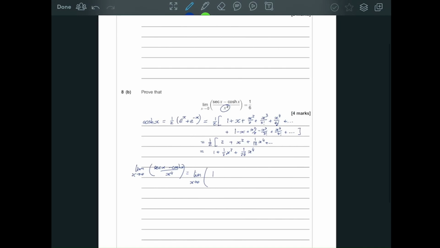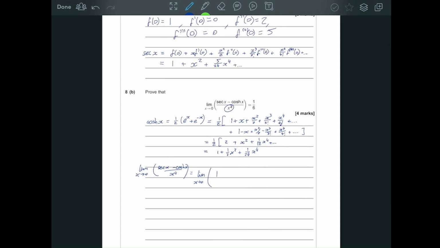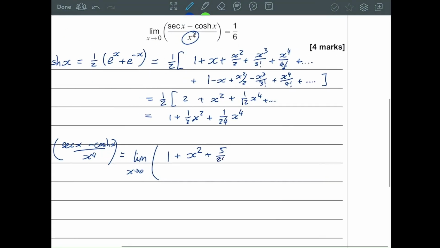I'm a little worried that I have a half x squared and the other one only has an x squared. So in a moment, once I've written this down, I'm going to go back and check my previous working, because this feels like something wrong is going to happen.